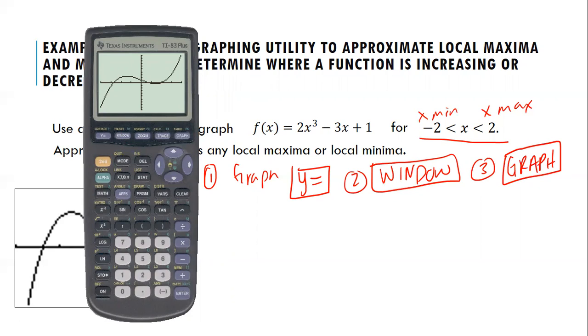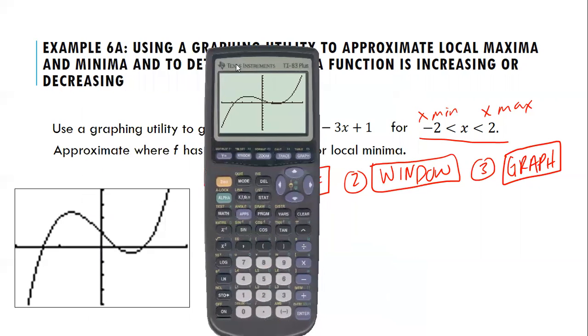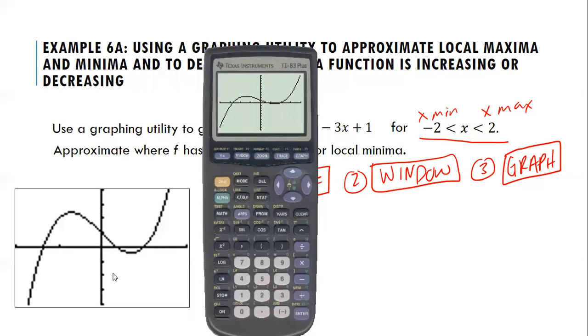Now, I want you to look at the graph that I took a screenshot of. Notice here that my graph is a little more zoomed in, right? The reason why my graph is zoomed in more is because I also changed my max and my min of my y value. Do you see that?